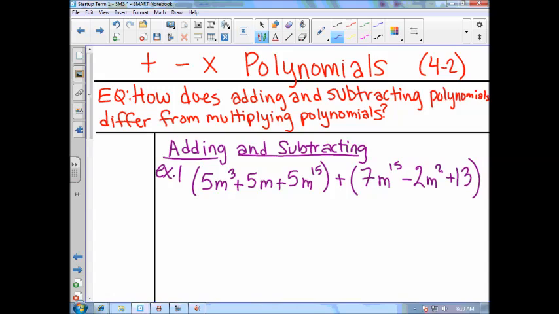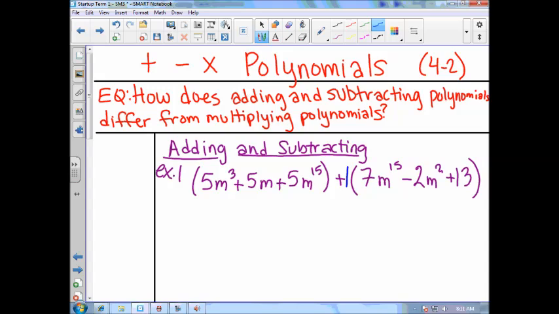Okay, when we add and subtract polynomials, all we really have to do is find like terms because nothing really changes these terms. In front of this parenthesis, between the plus and the parenthesis, there's actually a number here, and it's not going to affect this at all. We have actually a positive 1. Does multiplying 7m to the 15th by positive 1 change 7m to the 15th?